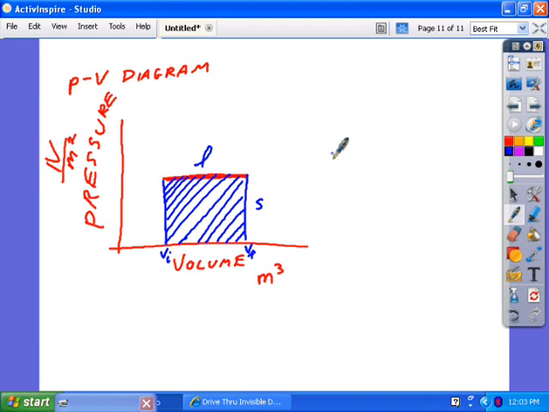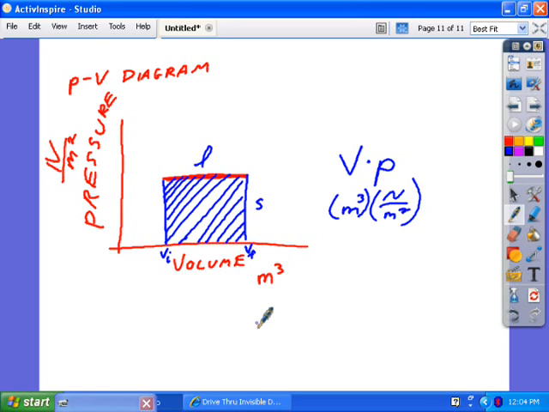So let's just do a basic unit analysis here. We're going to be multiplying a volume, because that is going to be this length of the side, by a pressure. Alright, so volume's units are going to be in meters cubed. Pressure's units are going to be in newtons per meter squared.